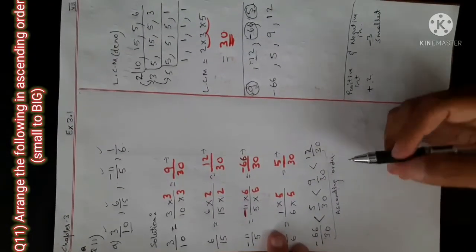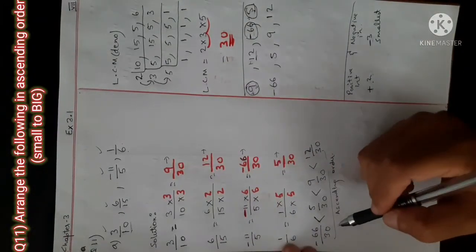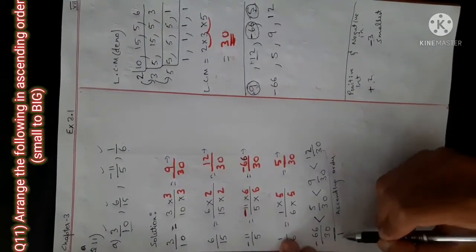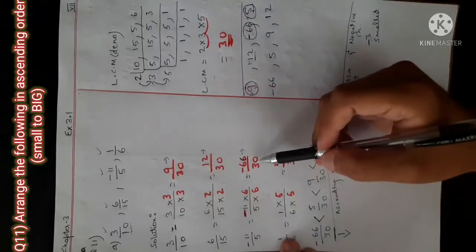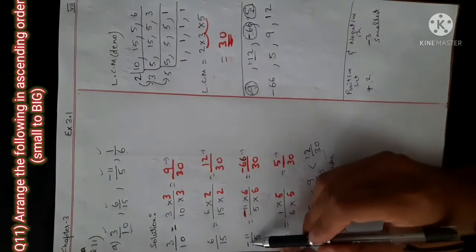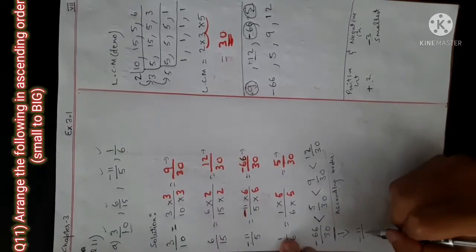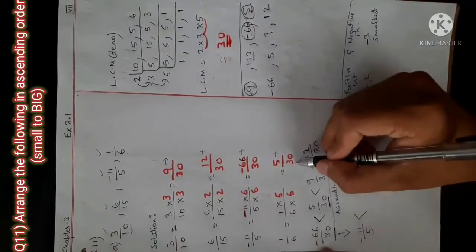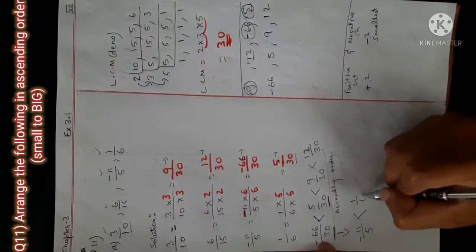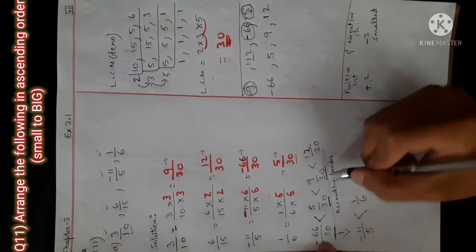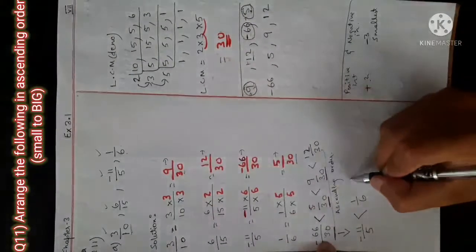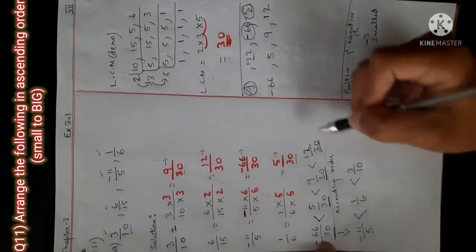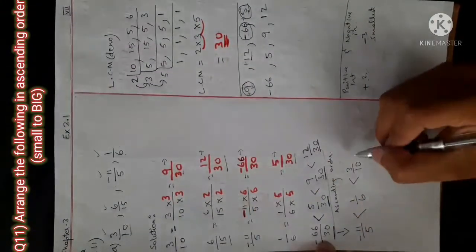So now what should we do? We write their equivalent original rational numbers. Minus 66 by 30 is equivalent to minus 11 by 5, less than 5 by 30, which is equivalent to 1 by 6, less than 9 by 30, which is equivalent to 3 by 10, less than 12 by 30, which is equivalent to 6 by 15.